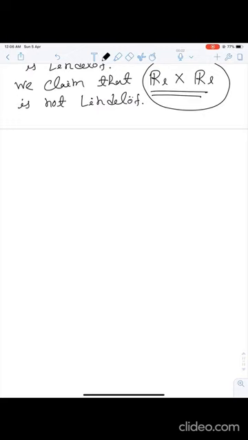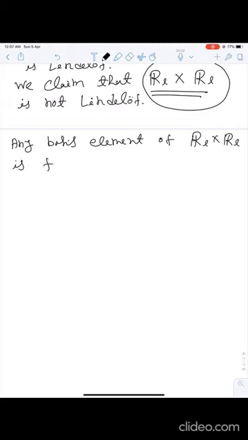That means any basis element of RL cross RL is of the form A, B product with C, D, right?